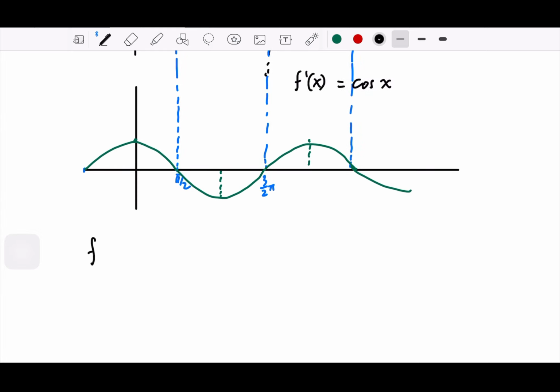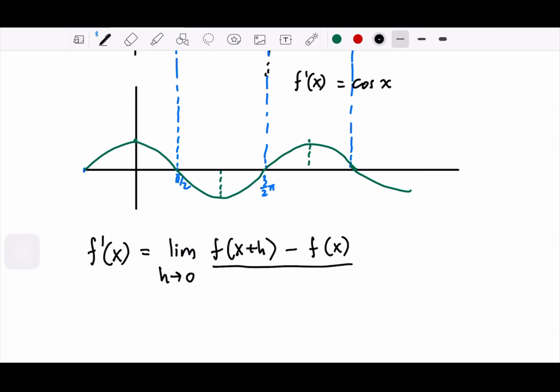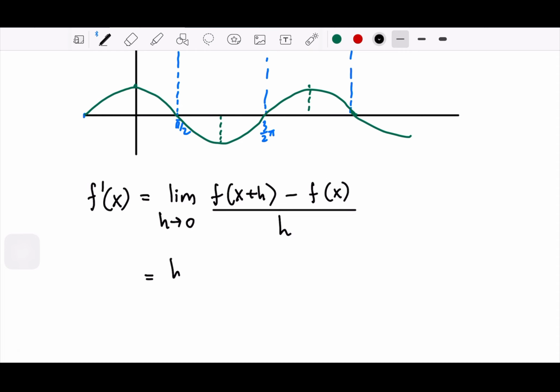If we have the first derivative, we take the limit as h approaches 0, so let's change everything to sine x. So sine of x plus h, and then minus sine x.